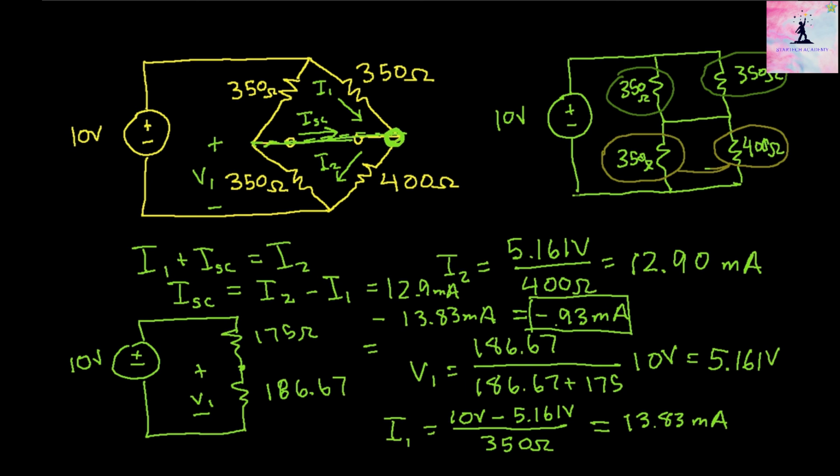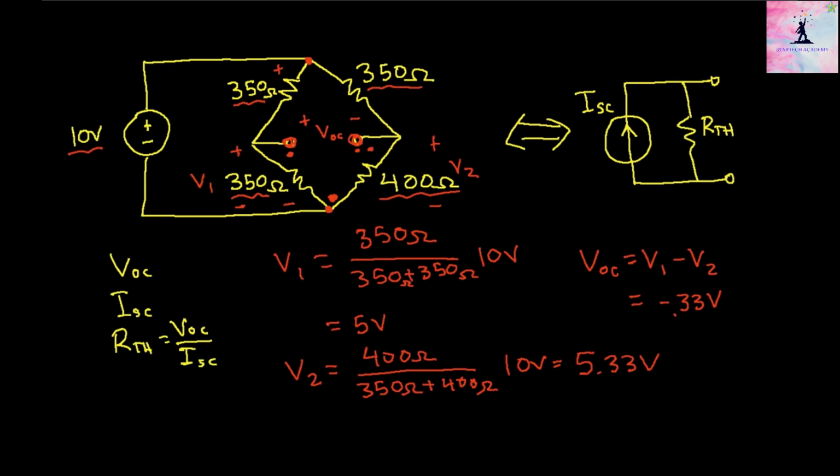Now, all we need to do is go back to our original page. We have the open circuit voltage and the short circuit current. The short circuit current was minus 0.93 milliamps, and the open circuit voltage was minus 0.33 volts.